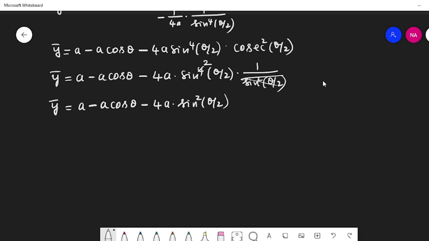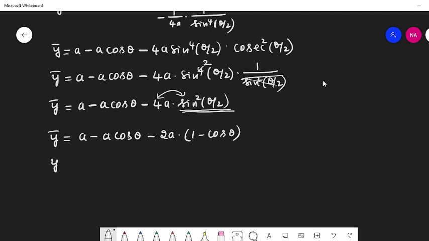right? So this sin square of theta by 2 I can write as (1 minus cos theta) by 2. That is very important here. You have to remember that point. So a minus a cos theta minus 4a sin square of theta by 2, so it will be 2a into 1 minus cos theta.